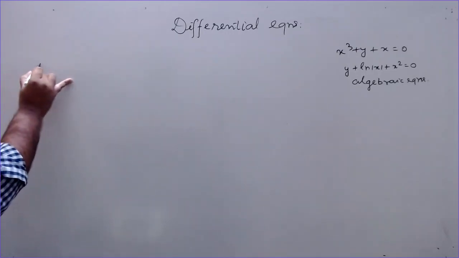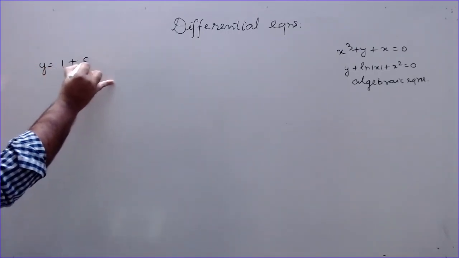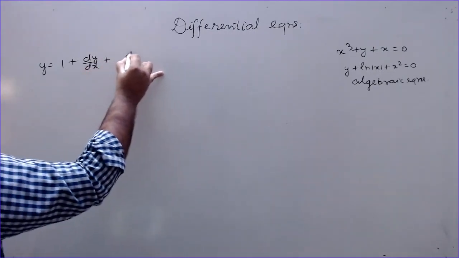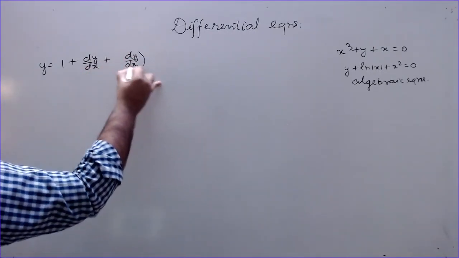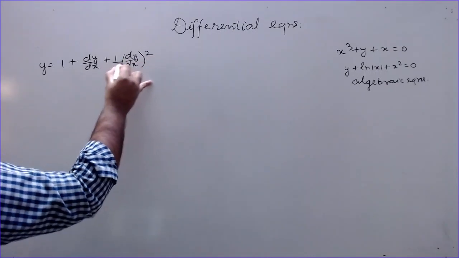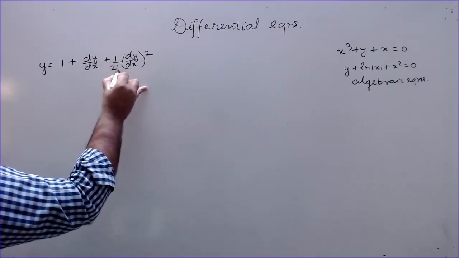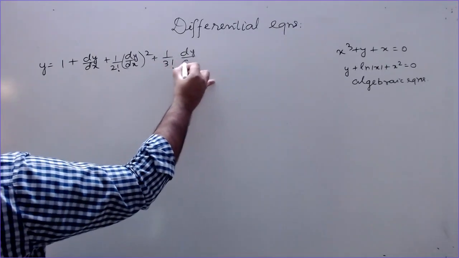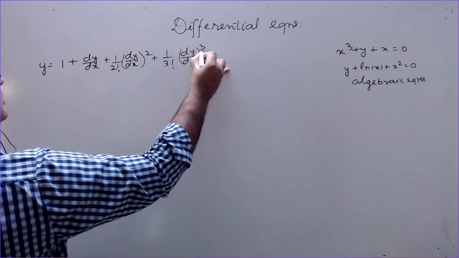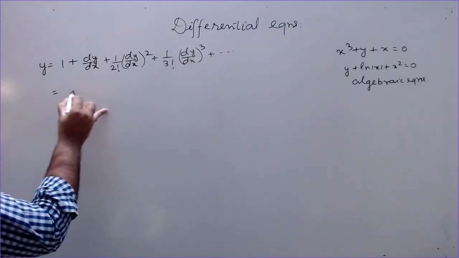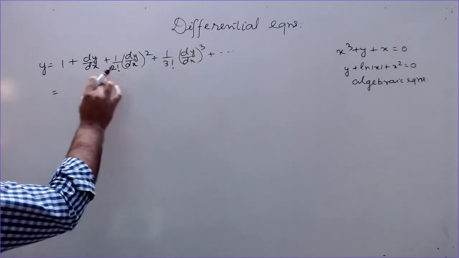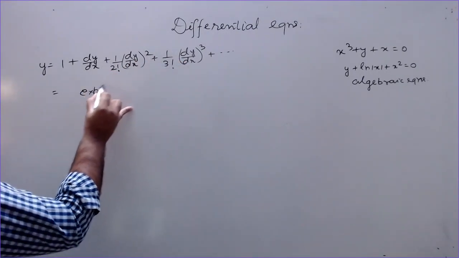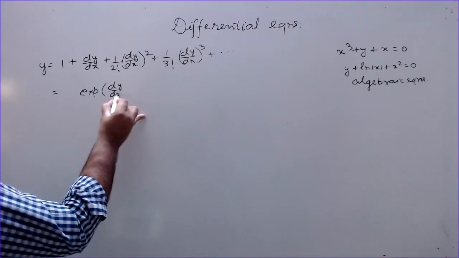We have y equal to 1 plus dy by dx plus dy by dx whole square by 2 factorial. So this can be written as, this is 1 plus x square by factorial 2 and so on, e to the power dy by dx.